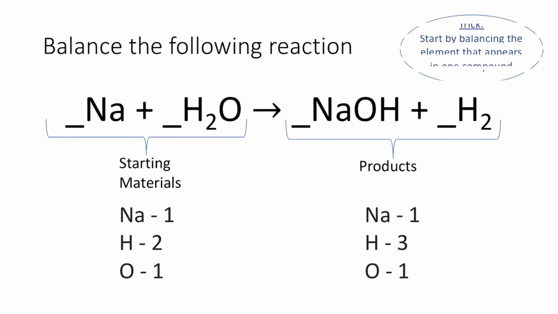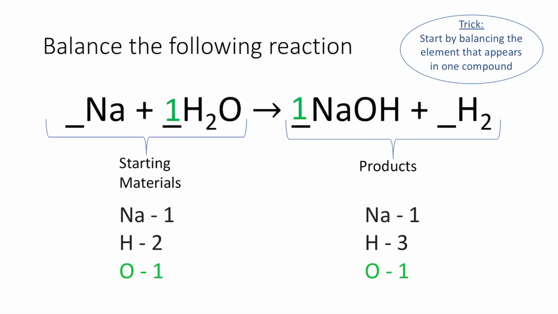Applying the first trick that I mentioned before, I'm going to start by balancing the oxygen element. I have one on the left side and one on the right side of the equation. Therefore, I'm going to put one as a coefficient for the water molecule and one as a coefficient for sodium hydroxide.